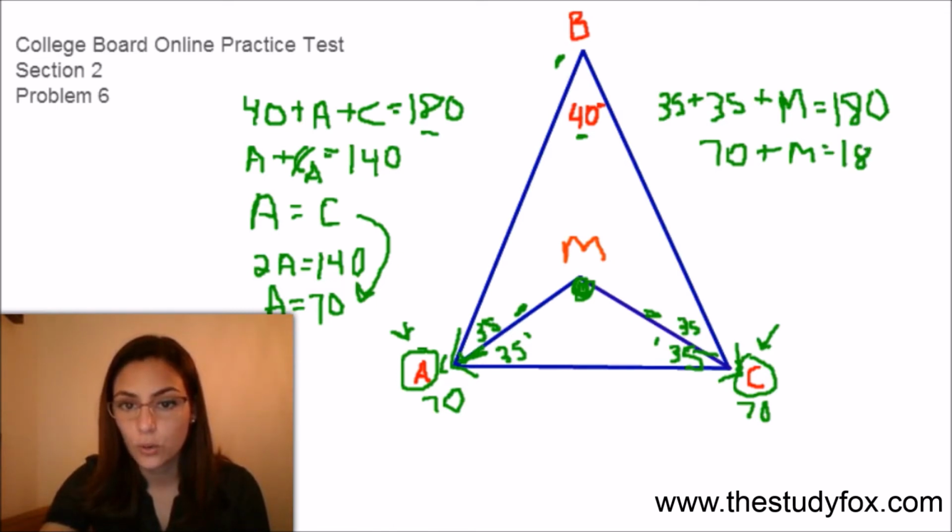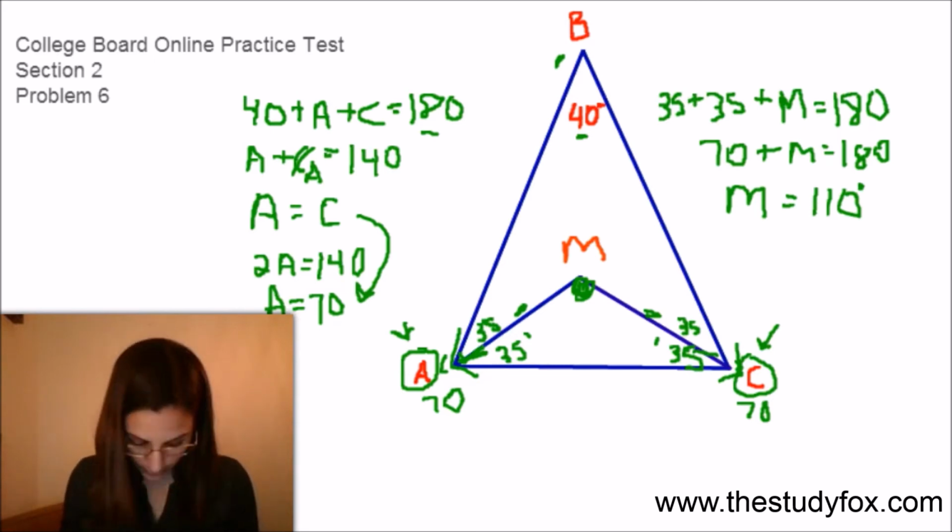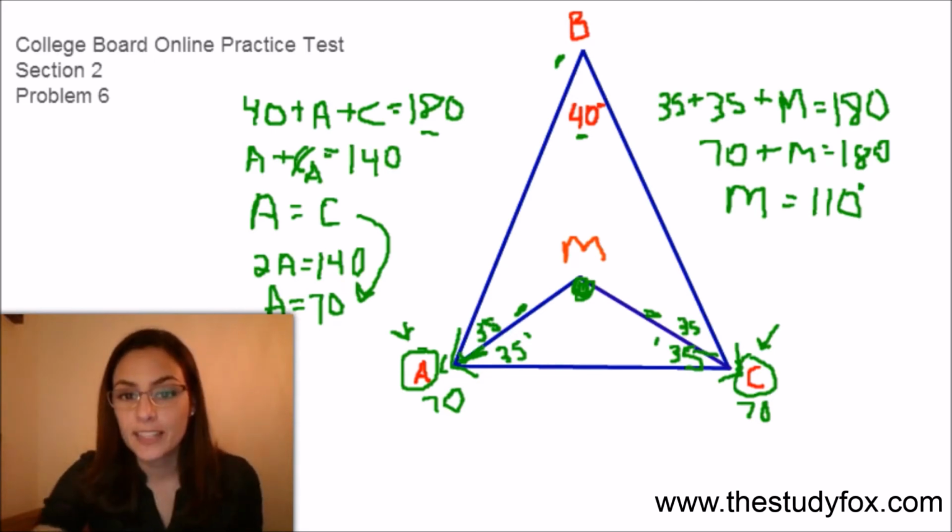If you're quick with adding and subtracting, you know that M equals 110. Let's see if that's one of our answer choices. What do you know, it's answer choice A.